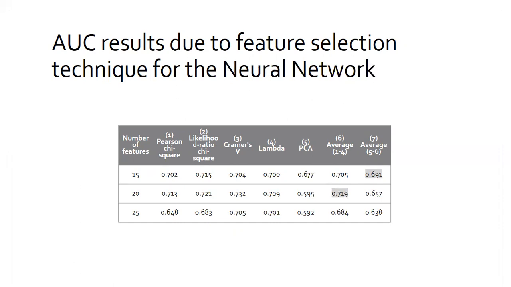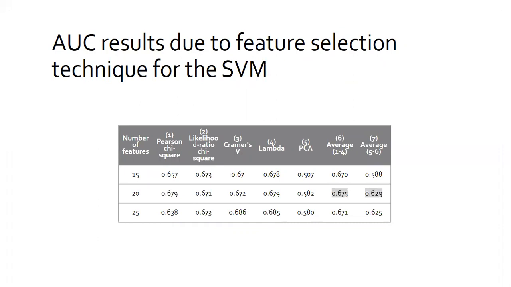And also you can see the results for the neural network, for the support vector machine, and for SHADE. Also, as it comes to the expert technique, it concludes that 20 fields is also the optimal number for the model.